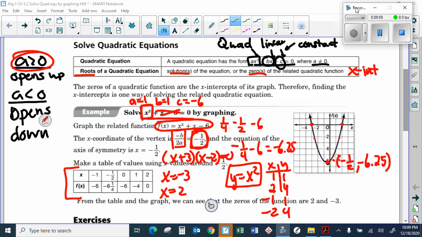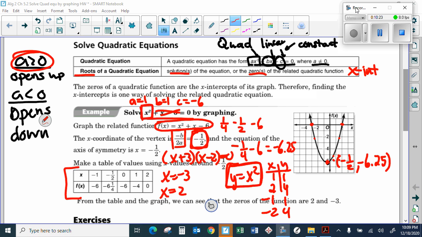Factoring or the quadratic formula is much quicker than doing it by hand, unless when I graphed it, it actually landed right on it using my general shape y equals x squared.